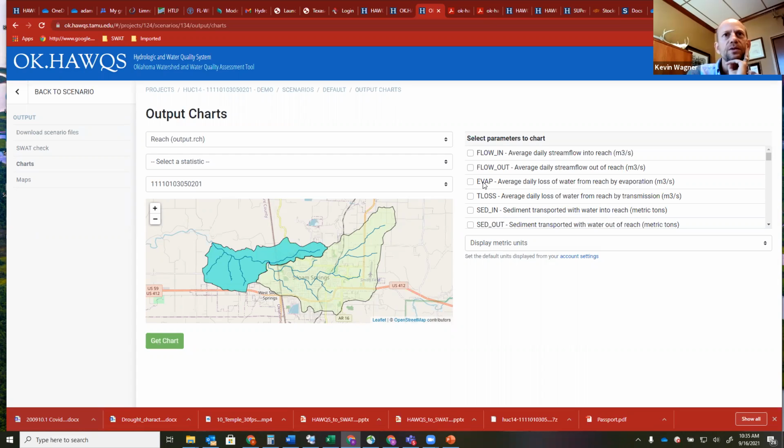Great. There's also a second question about if there's no hydraulic data available from the U.S. Army Corps of Engineers, are there any default settings for lakes? Yeah, we have incorporated all the major ponds and reservoirs in the HAWQS database, Oklahoma HAWQS database.